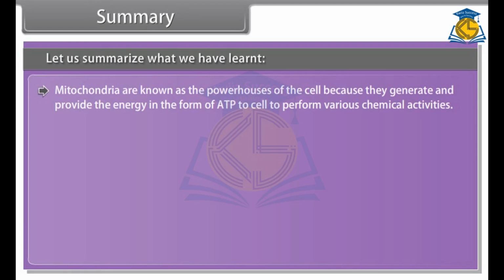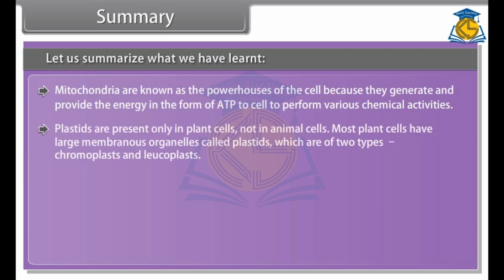Mitochondria are known as the powerhouses of the cell because they generate and provide the energy in the form of ATP to cell to perform various chemical activities. Plastids are present only in plant cells, not in animal cells. Most plant cells have large membranous organelles called plastids, which are of two types: chromoplasts and leucoplasts.